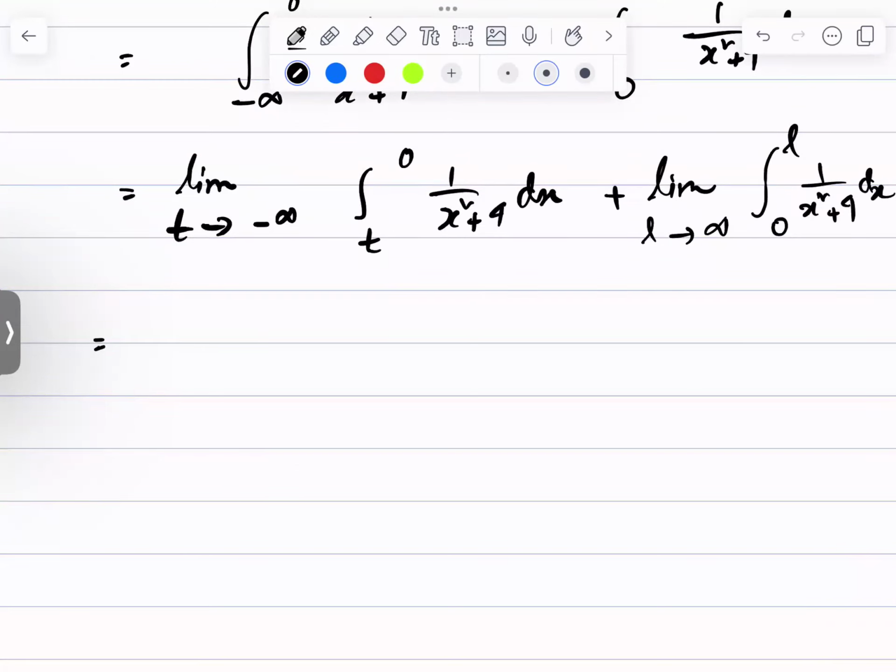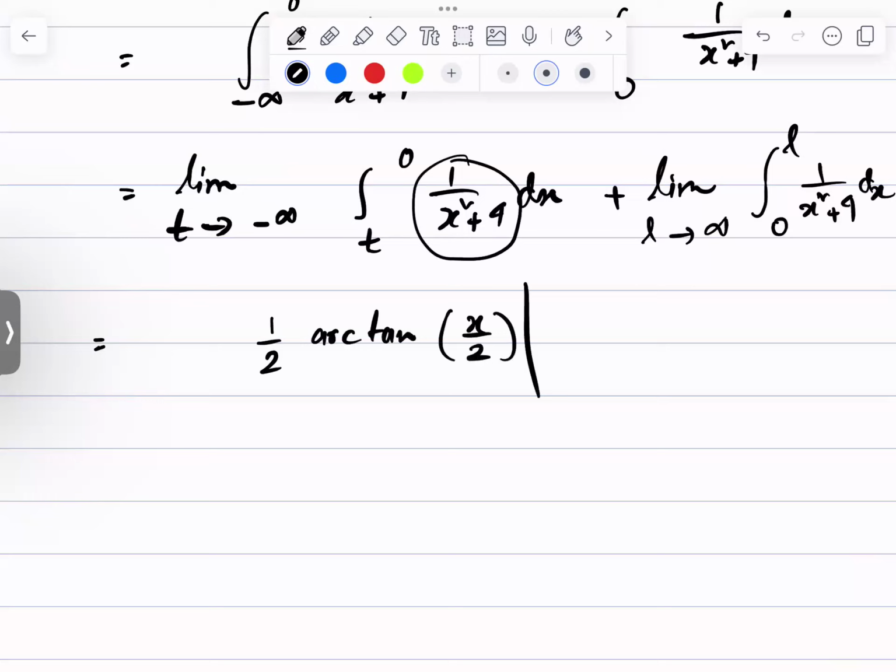We know that the integral of this will be 1 over 2 arctan of x over 2. I have already dealt with this type of integration. So limit t tends to negative infinity, and then limit L tends to positive infinity, of 1 over 2 arctan x over 2.